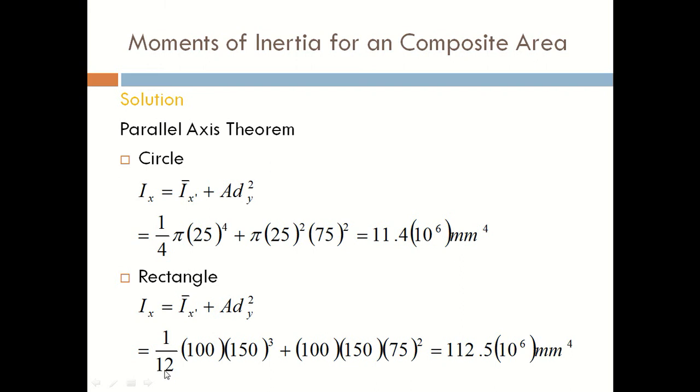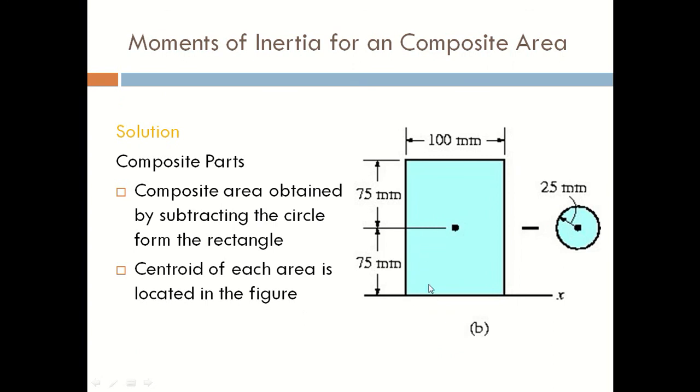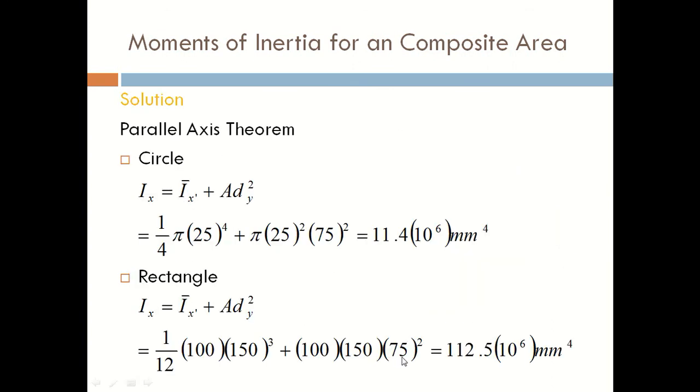So 1 upon 12, in bracket, b is 100, the width, multiplied with h, the height, 150 cube, plus the area, 100 multiplied by 150, multiplied with the central distance, which is 75, so 75 mm square. So this is equal to 112.5 into 10 to the 6 mm raised to 4.